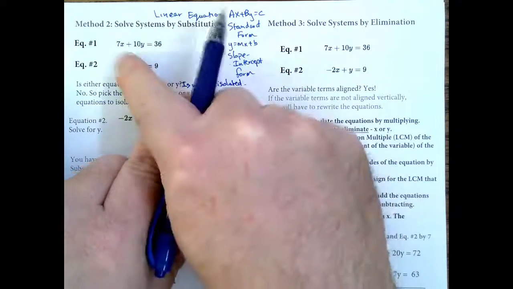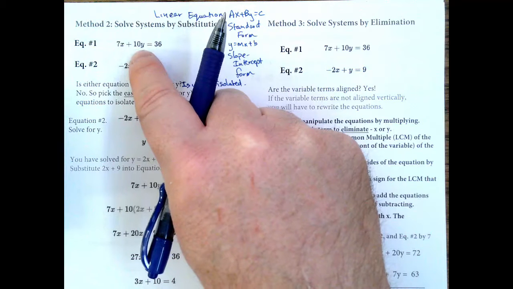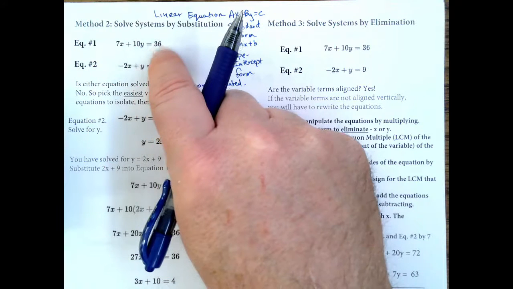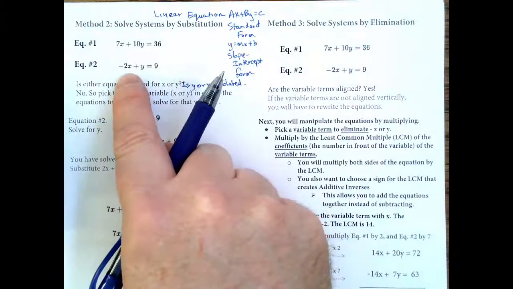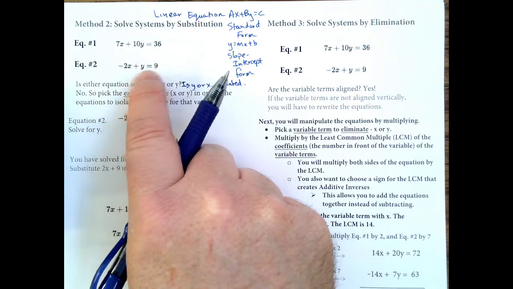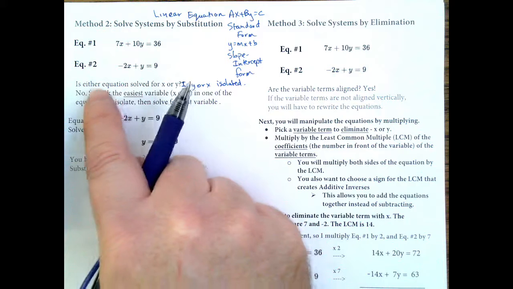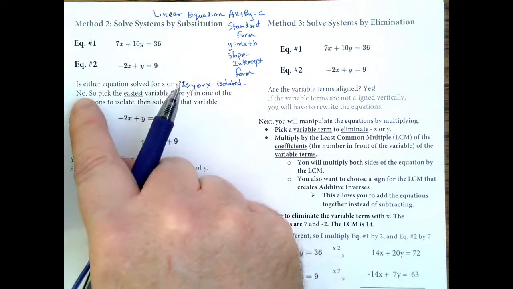If we look at this, we have a 7x, that's not 1x. We have a 10y, that's not 1y, that's a problem, equals 36, a constant. Over here we have negative 2x, so that's not solved for x. We have a 1y right here, but it's not isolated, it's not all by itself, equals 9. So is either equation solved for x or y? And the answer is no.